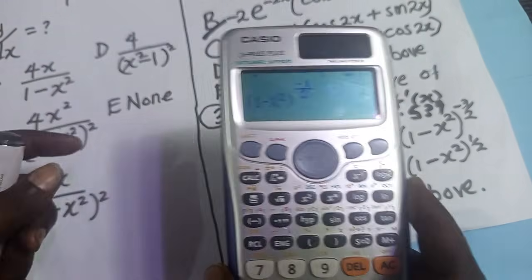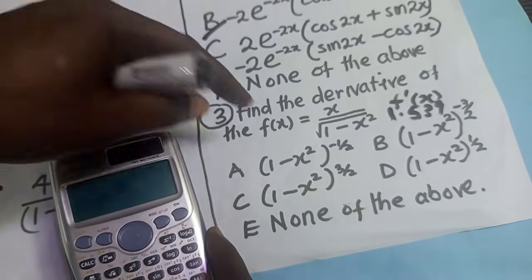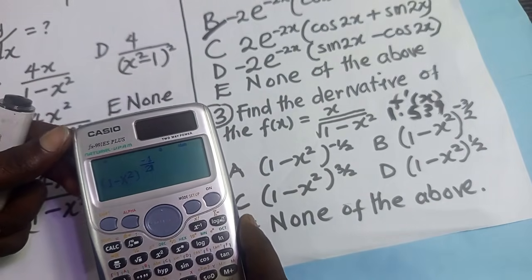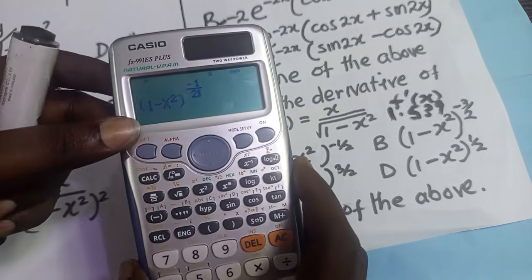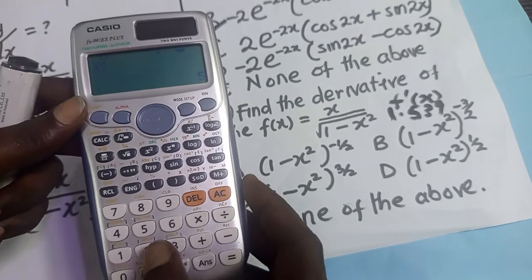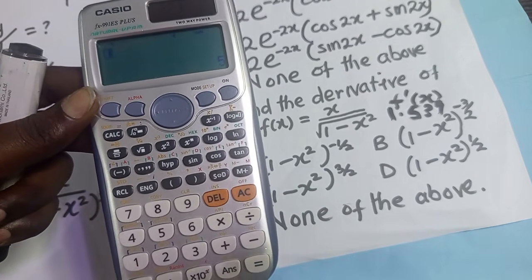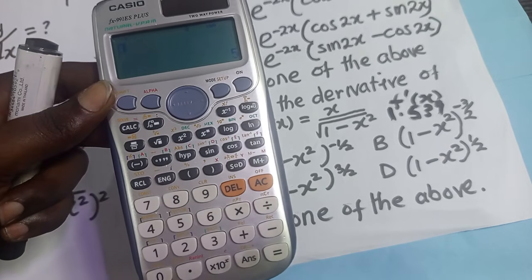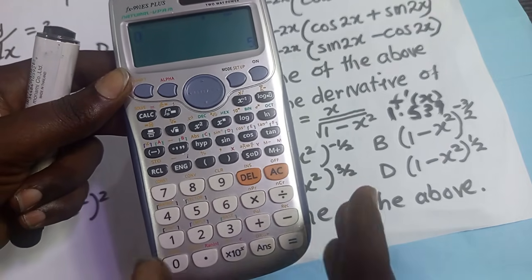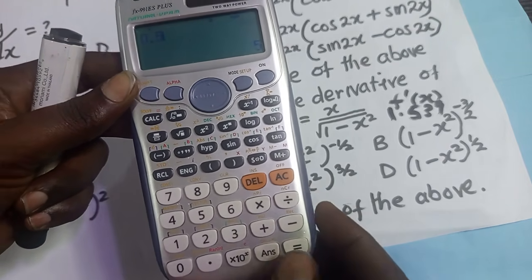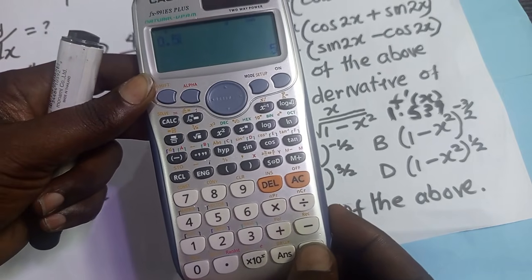Now, I haven't done this one. Now look at the first option. I will not need to bother myself again, just adjusting. That's what I will do. Calc. Now, what do we use as our value? It is 0.5. So since we use 0.5, we are going to have it as what?